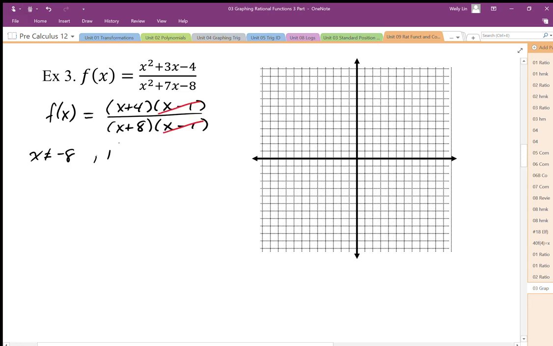This represents a hole. I want to calculate the y-coordinate of the hole, so I plug the x value into the remaining expression. I end up with 5 over 9, so 1 plus 4 divided by 1 plus 8. This represents then my vertical asymptote.